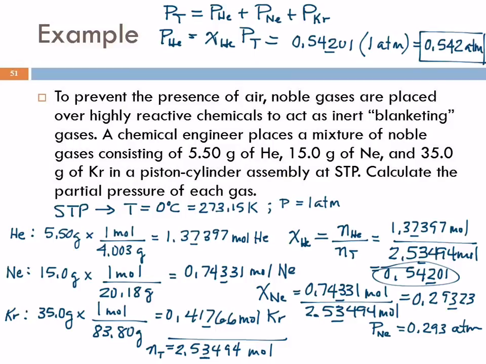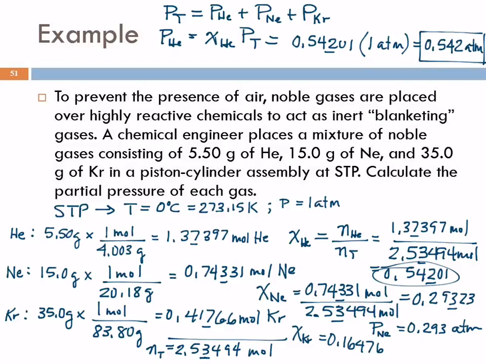So if I take 1 minus the mole fractions of the other two, so 1 minus 0.54201 minus 0.29323, I get 0.16476. Sorry, this is a horrible mess. That's the mole fraction.